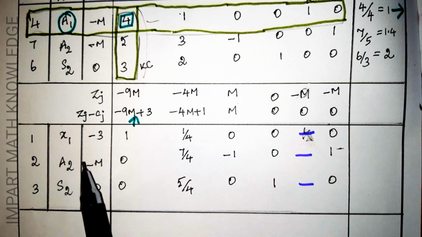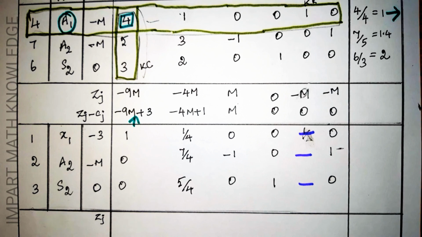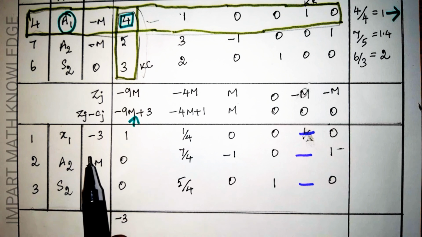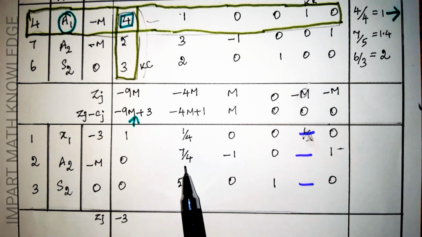Zj value in the usual manner, minus 3 into 1 plus minus 3 into 0 plus 0 into 0. The value is minus 3. The next one, minus 3 into 1 by 4 plus minus M into 7 by 4 plus 0 into 5 by 4.